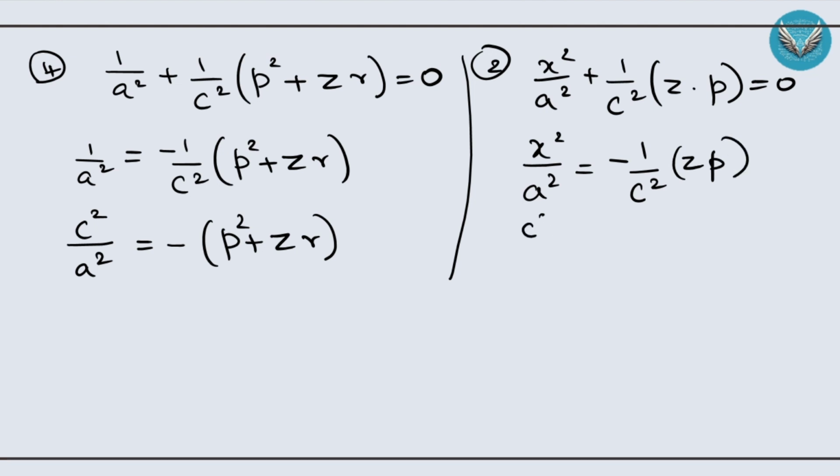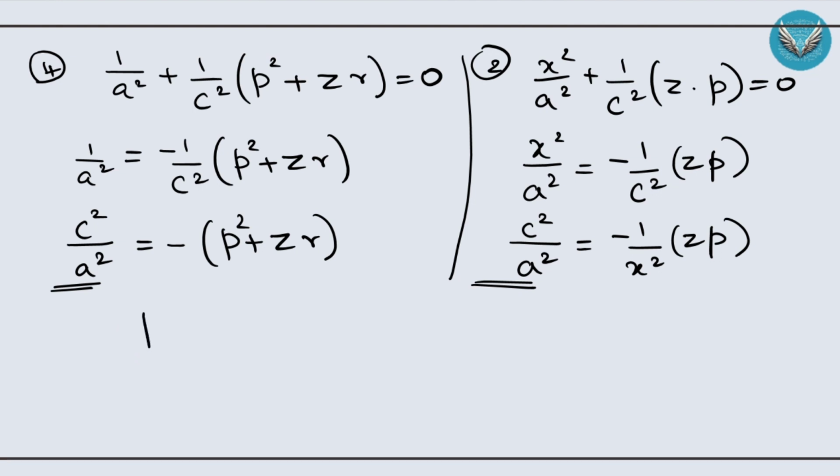Or otherwise, c square by a square is equal to minus 1 by x square into z into p. Now in both these equations, the left side is c square by a square, so we can equate them.